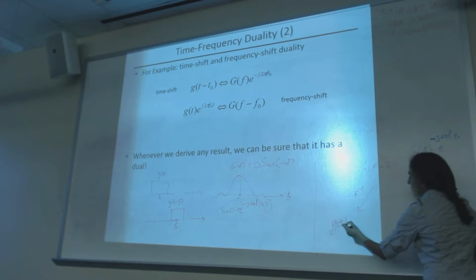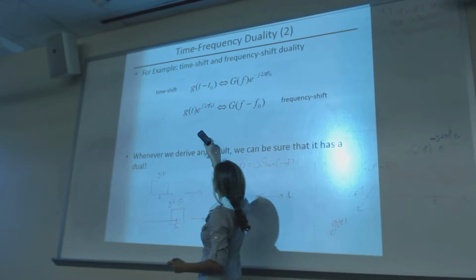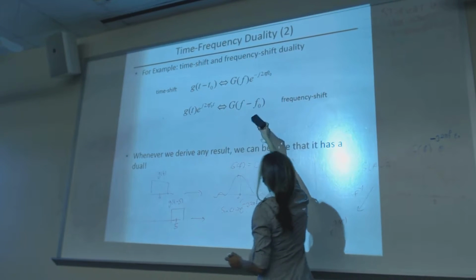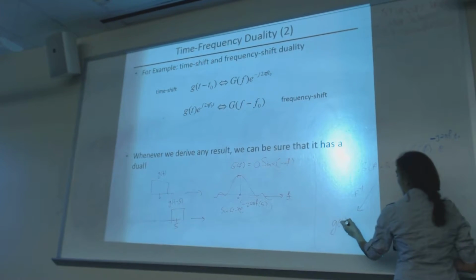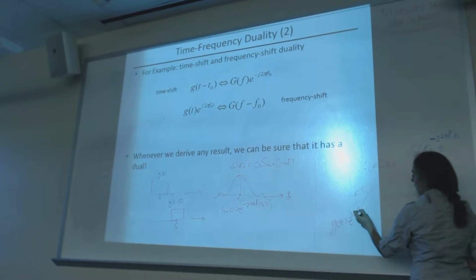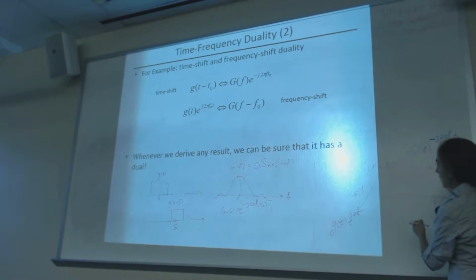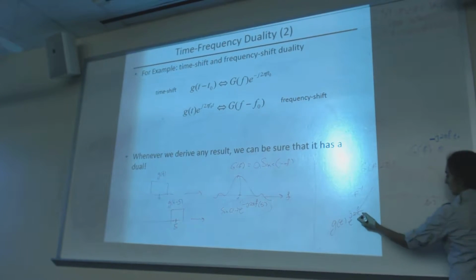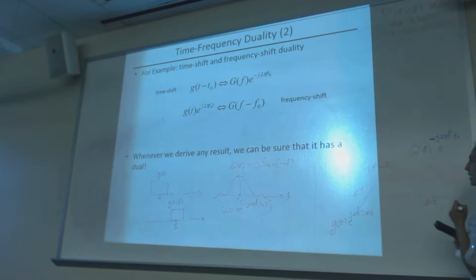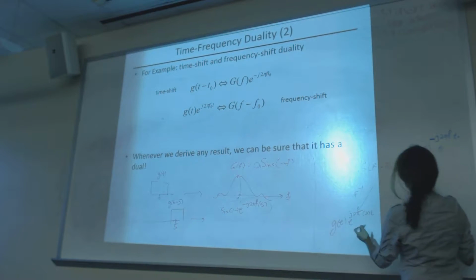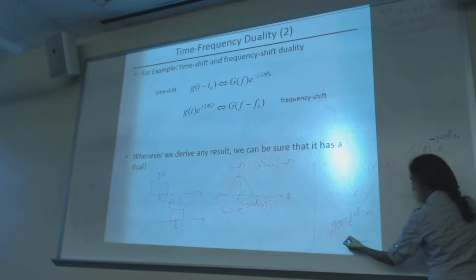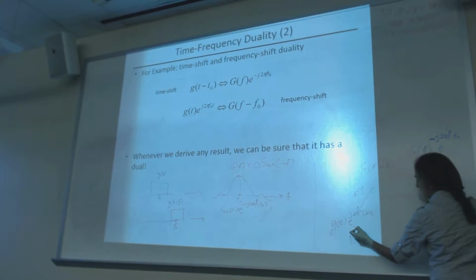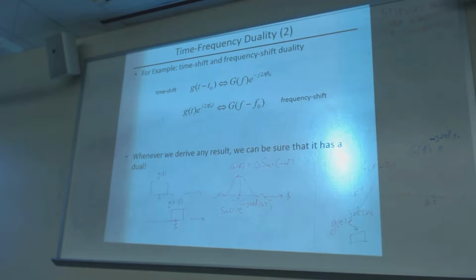My signal g of t is multiplied by an exponential. The only difference is the sign: e to the power of j 2 pi f naught t, where f naught, the amount of shift, is 2. So instead of having the pulse, I have this pulse multiplied by this exponential.